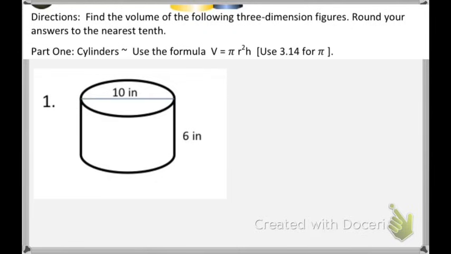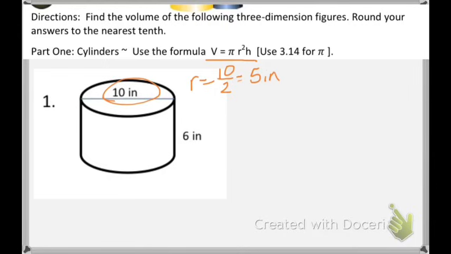So when we figure this out, here they gave us the diameter. But according to our formula listed up here, we actually need to find our radius. So if we're trying to find our radius, we have to half the diameter. So the radius would actually be 10 divided by 2, or 5 inches.